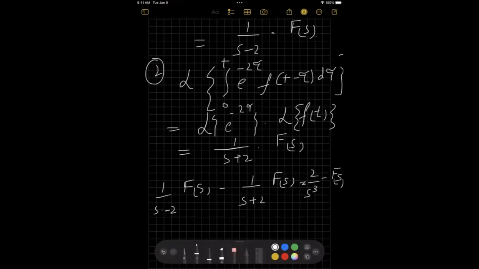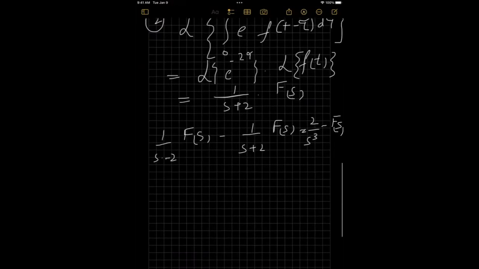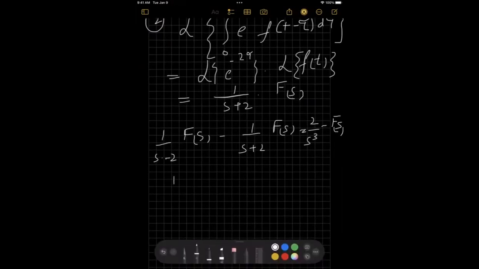Okay, so we will solve it. Let's collect the terms of the function F of s. So we have 1 over s minus 2, minus 1 over s plus 2, plus 1, times F of s, equals 2 over s cube.